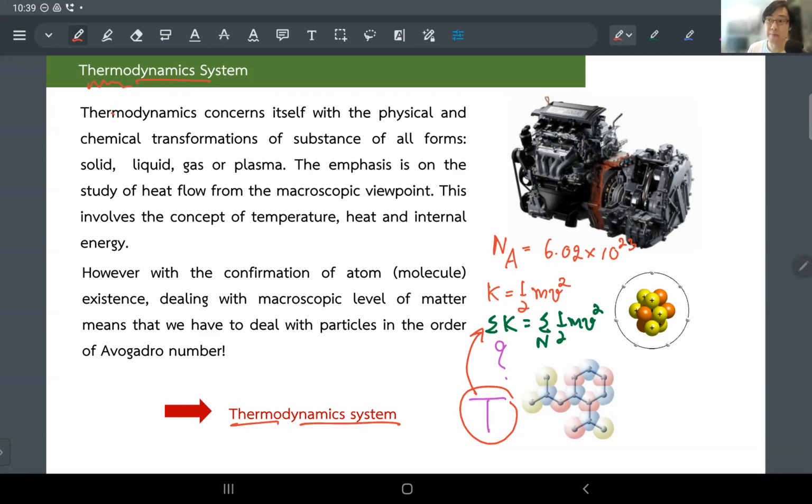It's the system that is composed of millions of particles that we are not able to apply Newtonian physics to directly, but we have another way of approaching it. And the approach is through temperature, heat. And eventually we're going to lead everything back to energy.